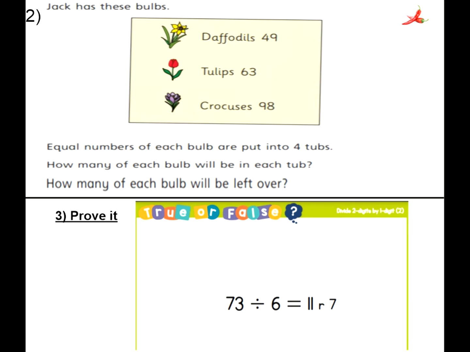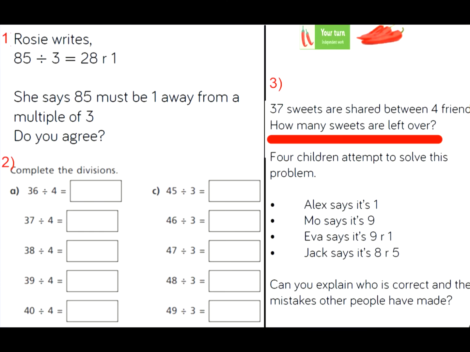Equal numbers of each bulb are put into 4 tubs. How many of each bulb will be in each tub, and how many of each bulb will be left over? So have a think about that question. And then your final one for Chili 2 is a prove it question. It's true or false. 73 divided by 6 equals 11 remainder 7.